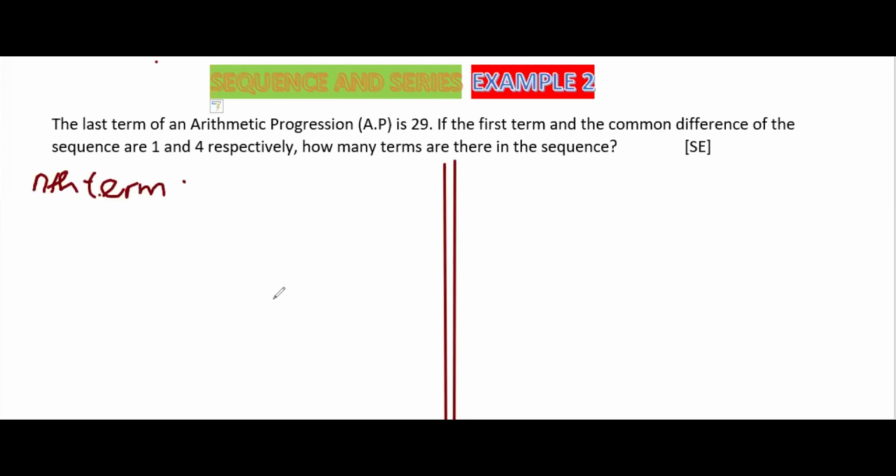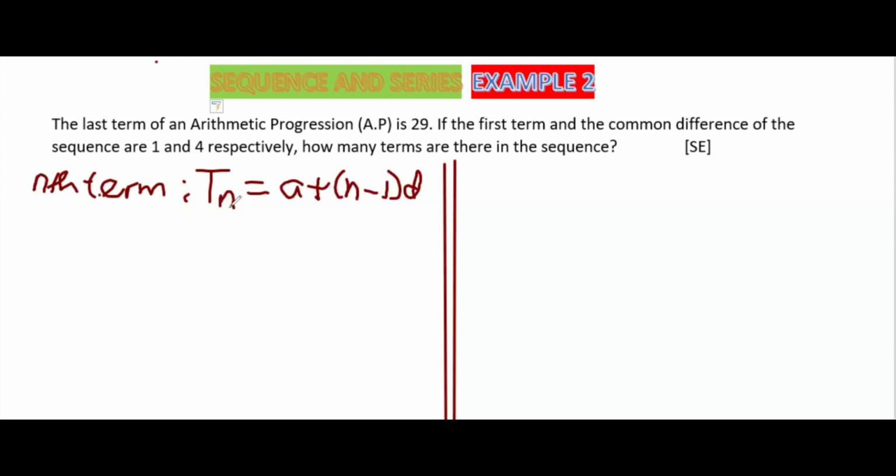We write Tn, T subscript n, equals a plus (n minus 1)d, where n is the number of terms, d is the common difference, and a is the first term. This T represents each term. So t1 is the first term, t2 the second term, t3 the third term, and so on.